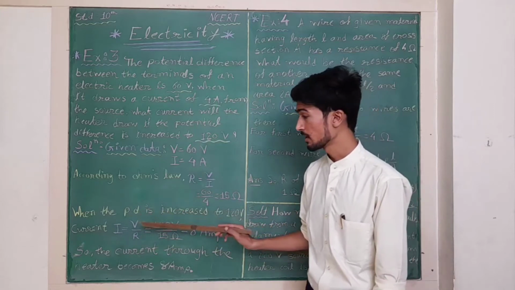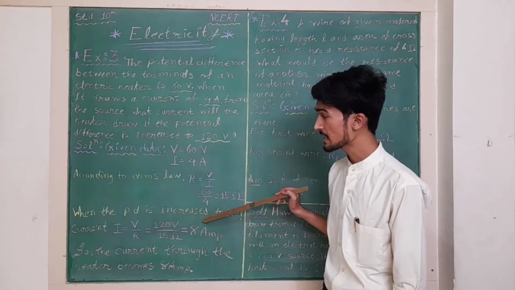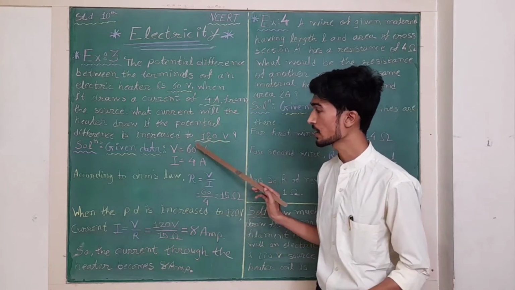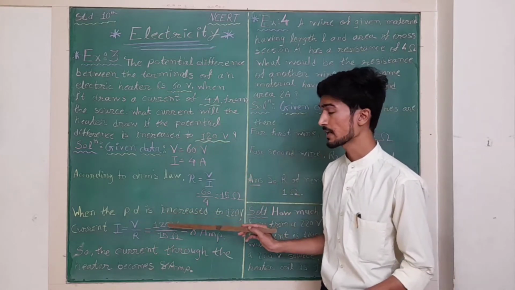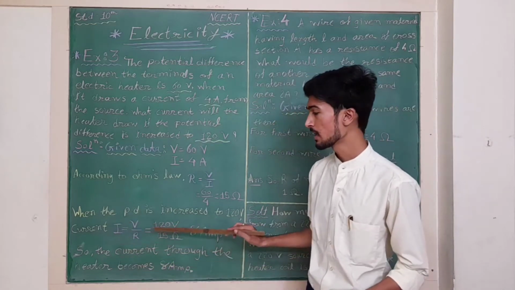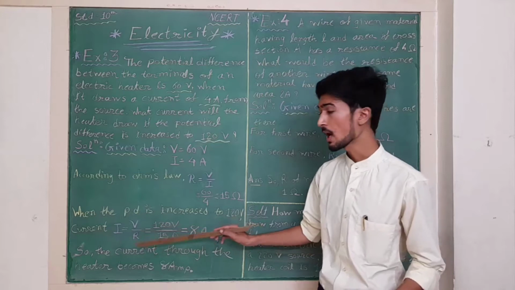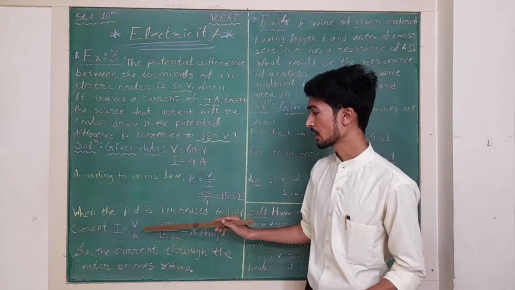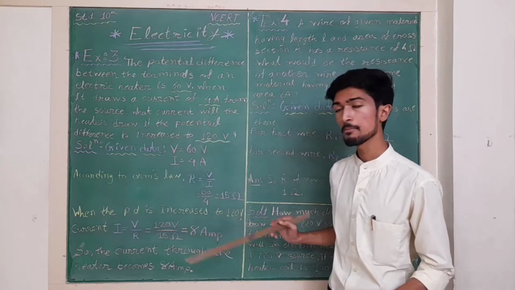Don't make a mistake here. V is 120 volt for the second case. You have to apply the second case. Don't write 60 volt again. 120 volt is the potential difference of the second case. So I equals V by R, where V equals 120 volt and R equals 15 ohm as I found, and the answer will be 8 ampere.